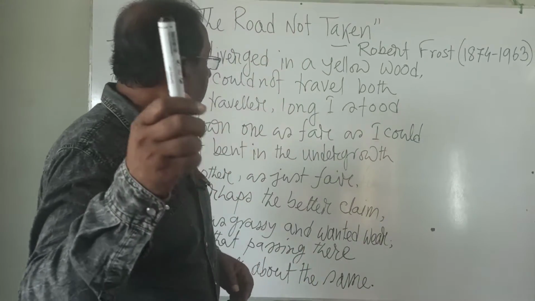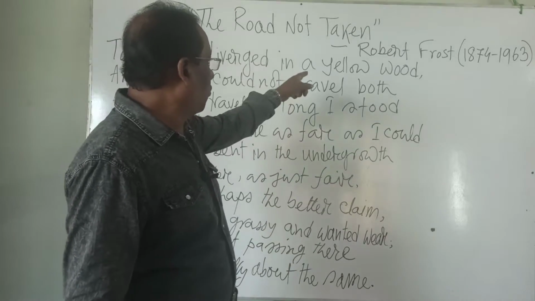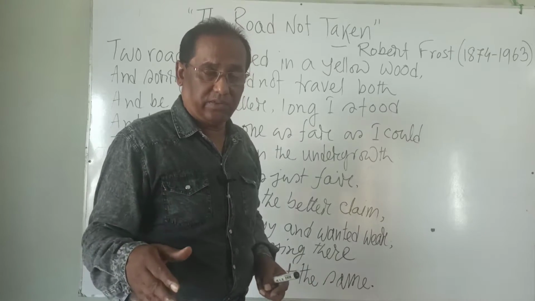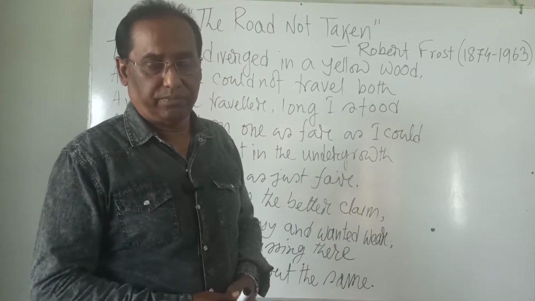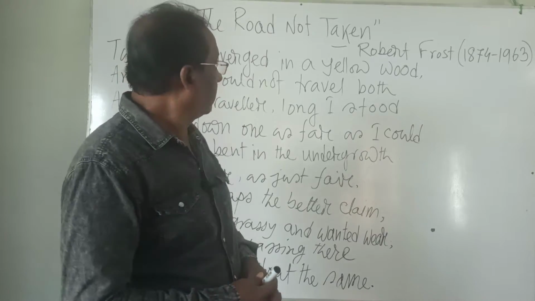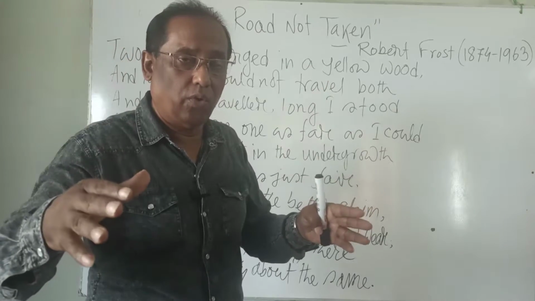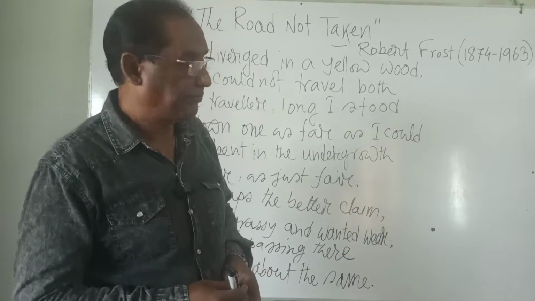The traveler says that the wood was yellow. In fact, it is the month of autumn, so the wood is yellow, taking the color of autumn.